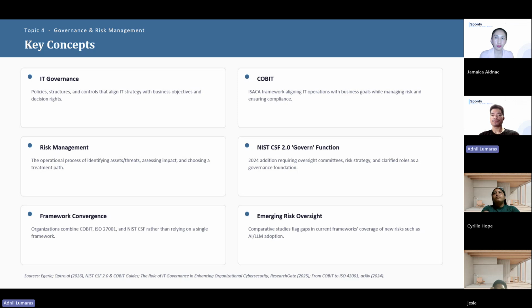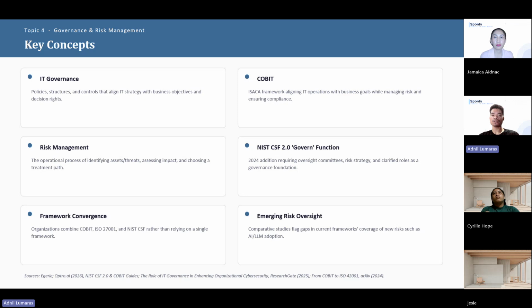Without governance, risk management becomes inconsistent. Different teams assess and create similar risks in different, uncoordinated ways with no single accountable decision maker. Without risk management, governance becomes abstract. Policies with no evidence connecting them to the organization's actual threat landscape, essentially rules written in a vacuum.